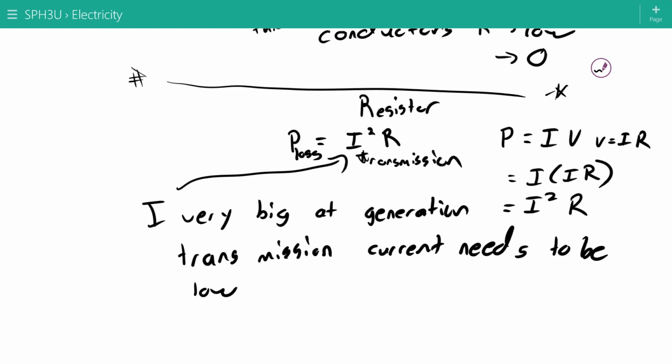So what we need then is some sort of fancy device that has the ability to raise the voltage of something and drop the current of it.